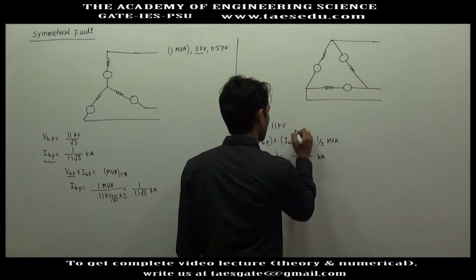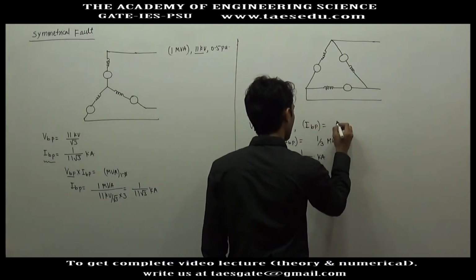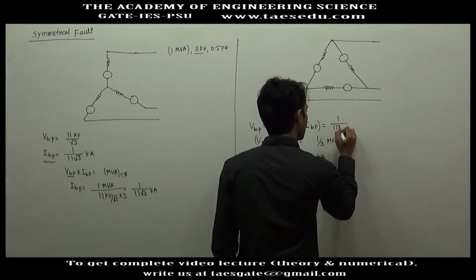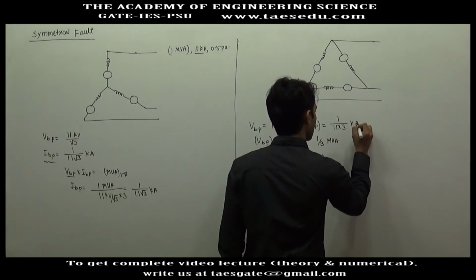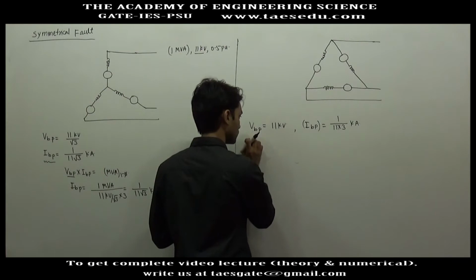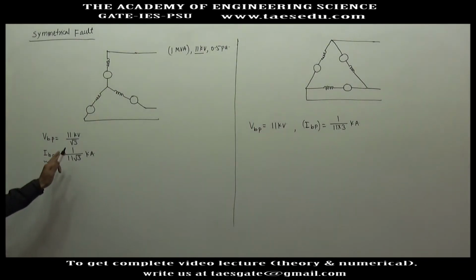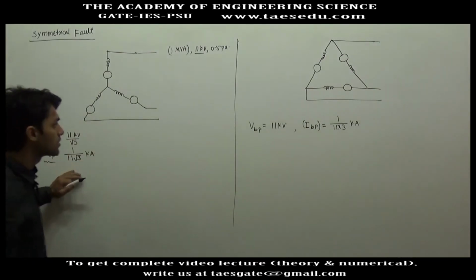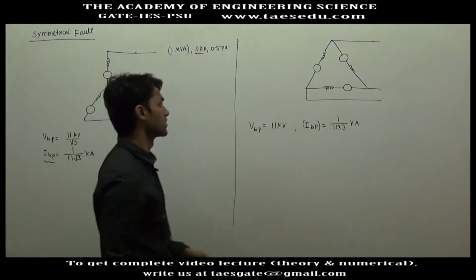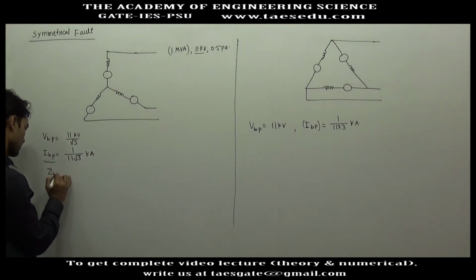Just write it separately. The base value of phase current is 1 by 11 into 3 kilo ampere. Now if you compare, the base values of phase voltage are different, and the base values of phase currents are also different.